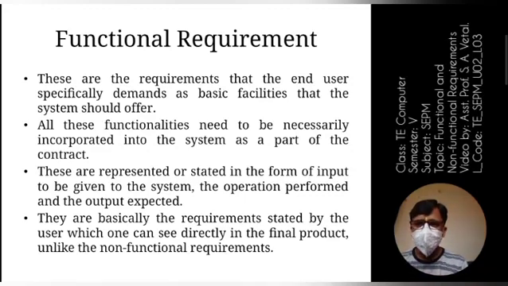All these functionalities need to be necessarily incorporated into the system as part of the contract, the contract placed between a software developer and the customer or the owner of that software.